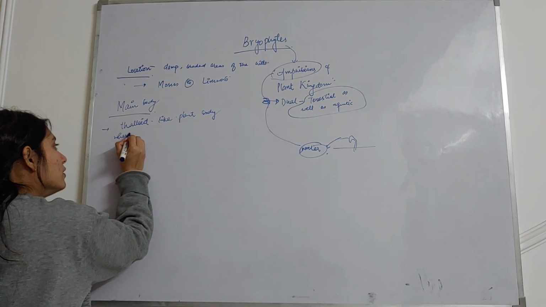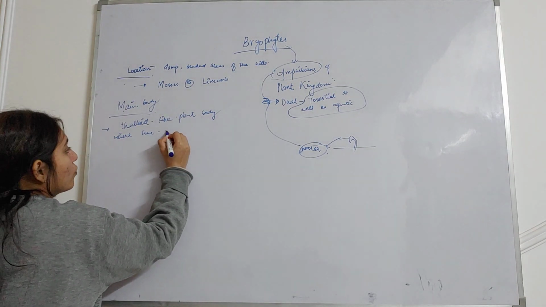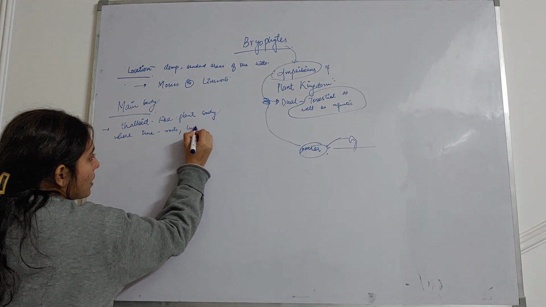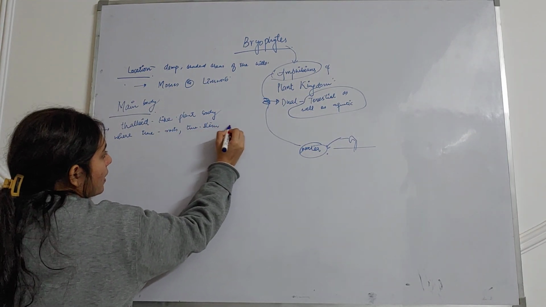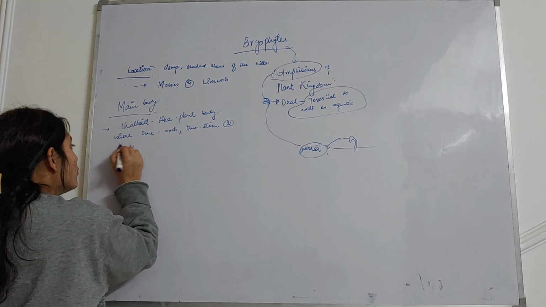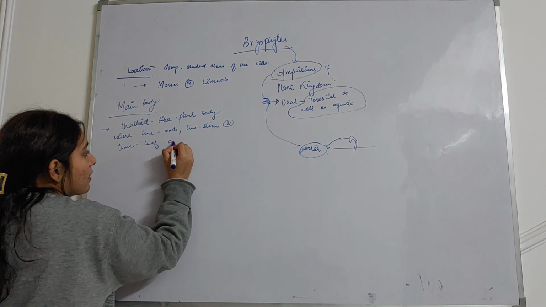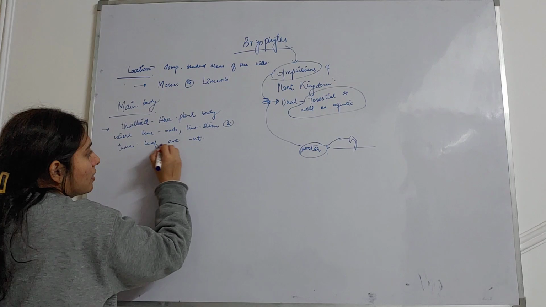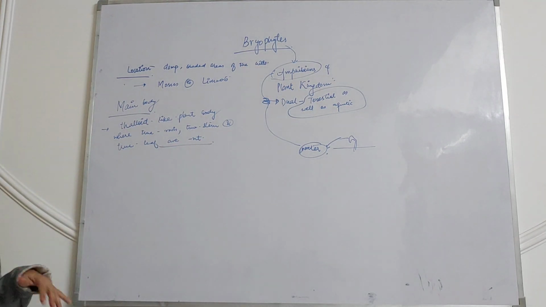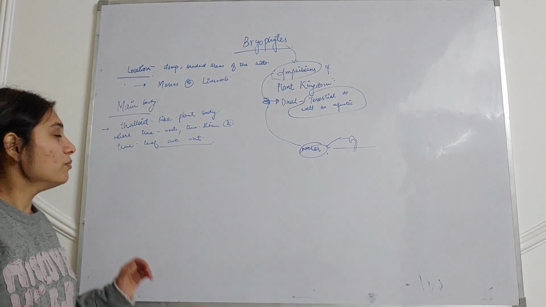Thalloid-like plant body, where true roots, true stem and true leaf are absent. Means true root, leaves or stem are absent.